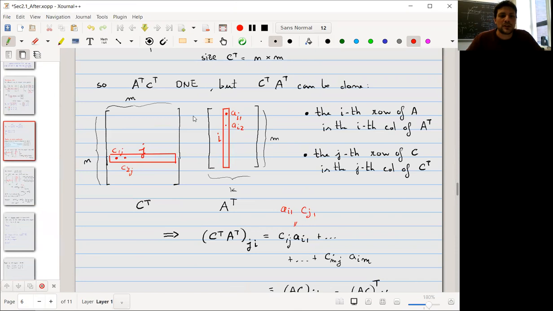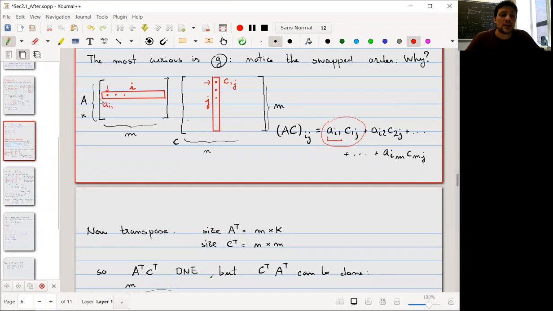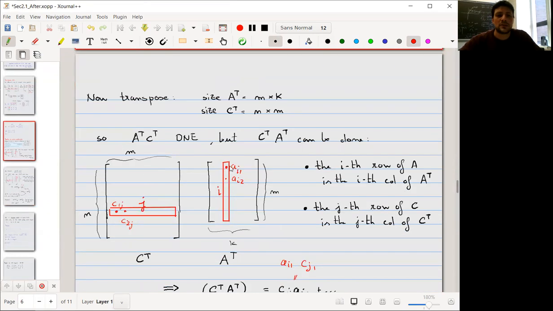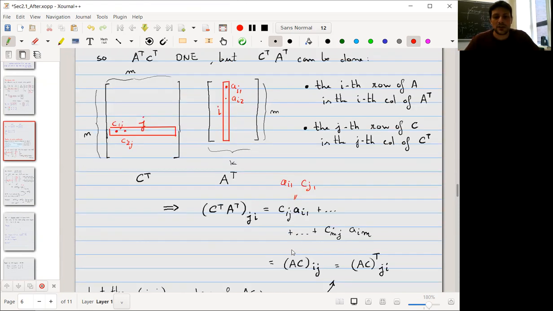When we transpose them, this is what we get. The entry Ai1 that was here just becomes the entry that is up here. And C1j just moves to the jth row of C transpose. So when you multiply them together, you get this product here, which if you switch the factors becomes Ai1 C1j.